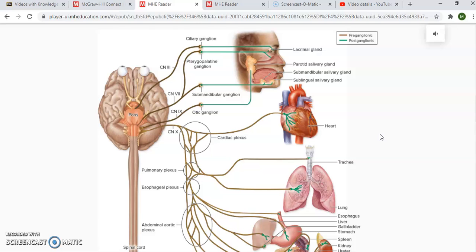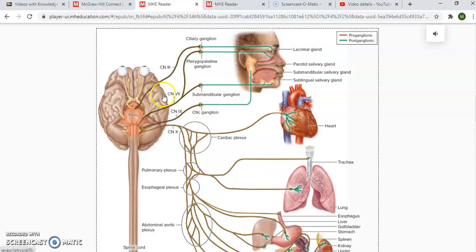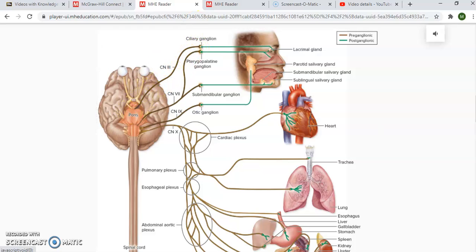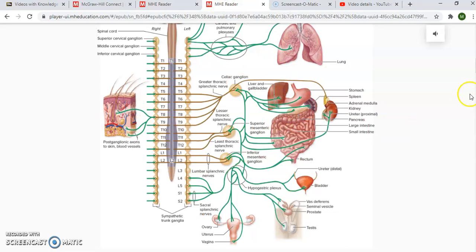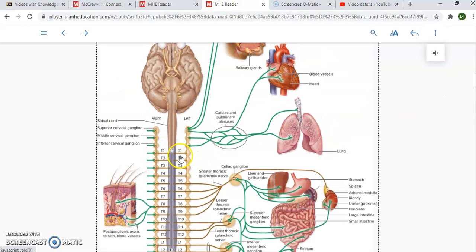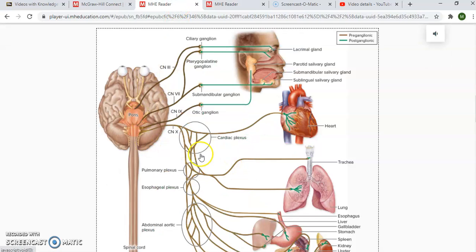What we have with the parasympathetic is these preganglionic motor neurons are much longer than if we look at our sympathetic. If we look at our sympathetic preganglionic motor neurons, they're much shorter. So the parasympathetic has the longer preganglionic motor neurons, and the sympathetic has the shorter ones.